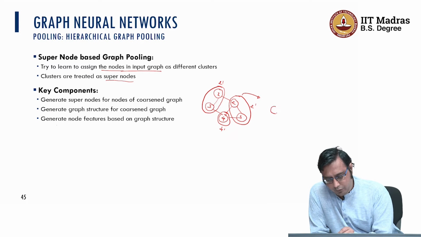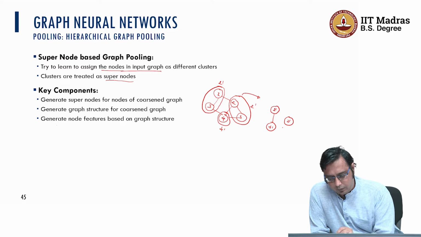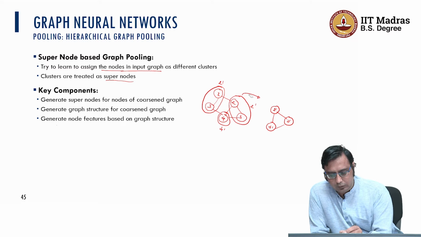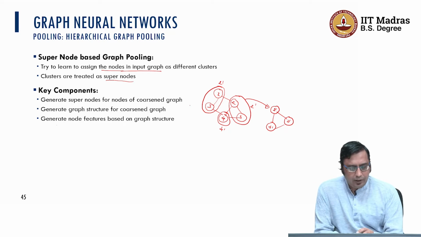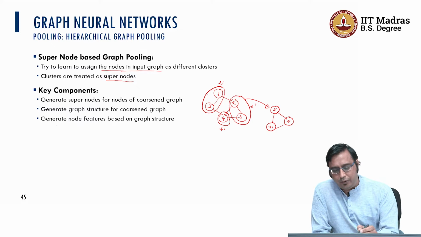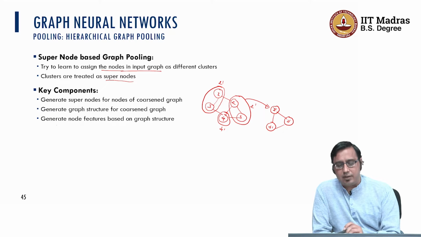So we have now a new graph structure, 1', 2', 4'. Here remember that I have not unselected 1 or 3, but I have clustered them together to create a new node 1'.